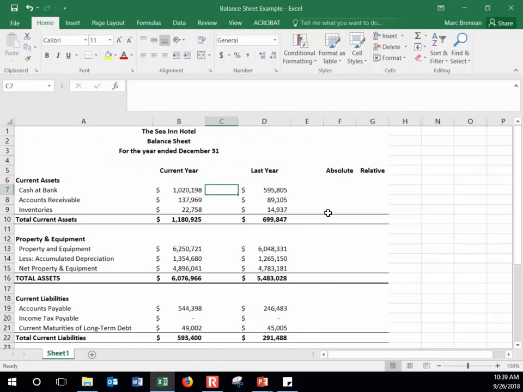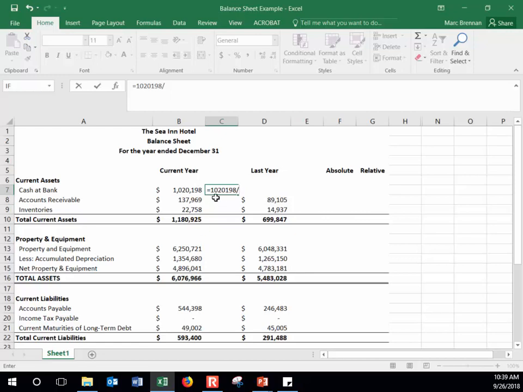So again, I'll do the math a few times with the numbers, and then we'll start to use Excel. To find out my common size analysis, I would divide my cash at bank for the current year by my total assets. Remember, my total assets are going to be what I compare everything to.